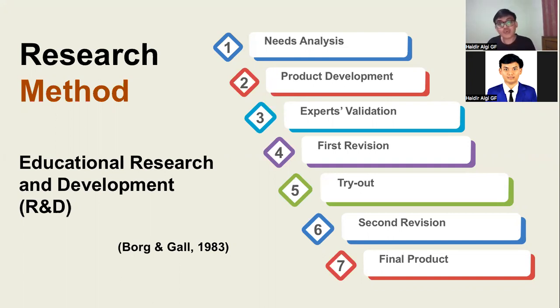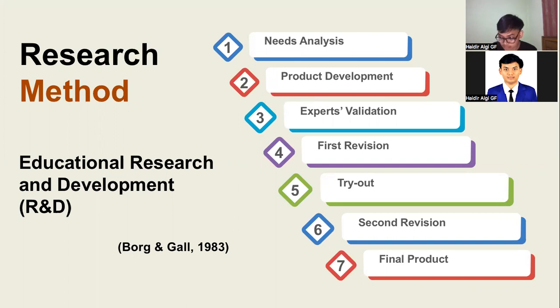Yes, sir. May I know what the 3 other steps are, sir, that are missing in my method? Okay, the steps that I've just read are: first, need analysis. Yes, you have it. Then planning, then develop preliminary form of product, and then preliminary field testing.